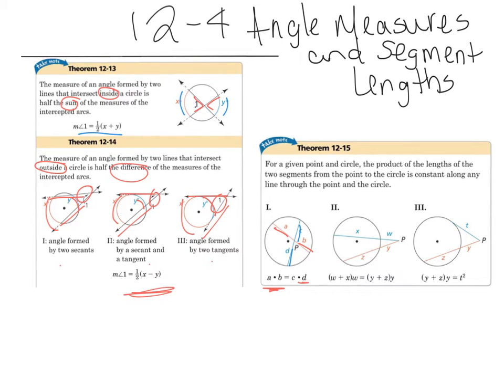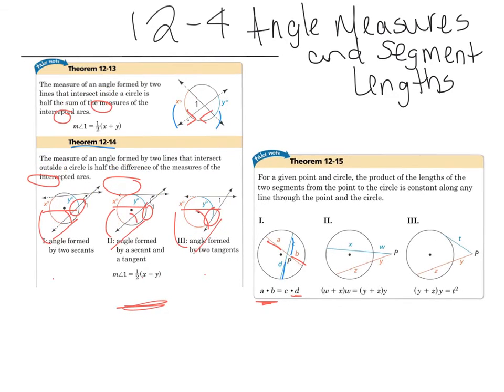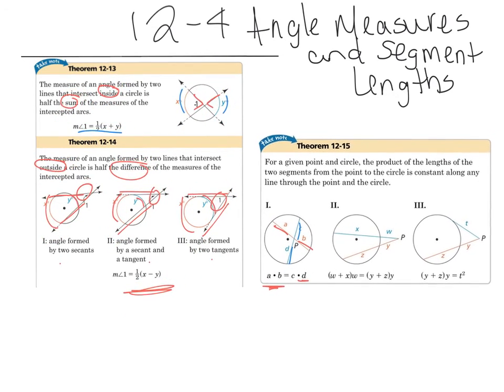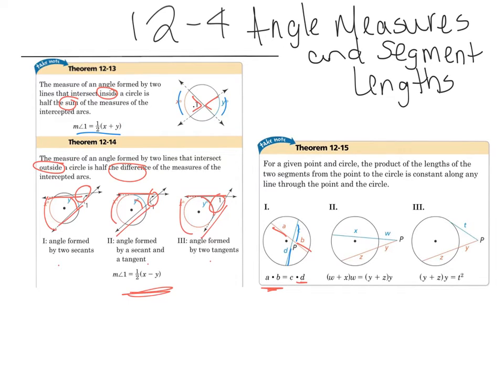In the second one, you'll see that the intersection point is outside of the circle. So in this case, if it's outside, then you add these 2 together and then multiply it by w. And then you add these 2 together and multiply it by y.